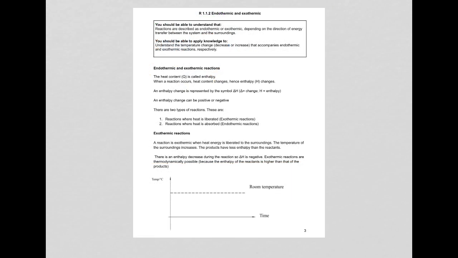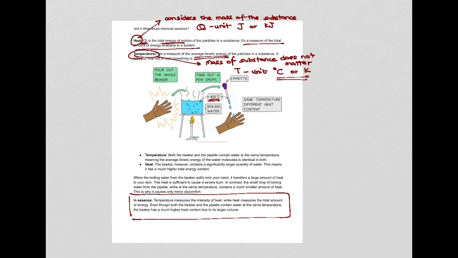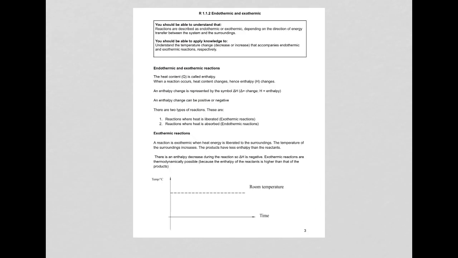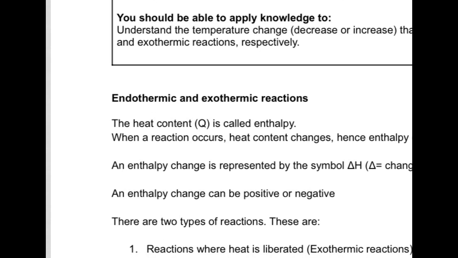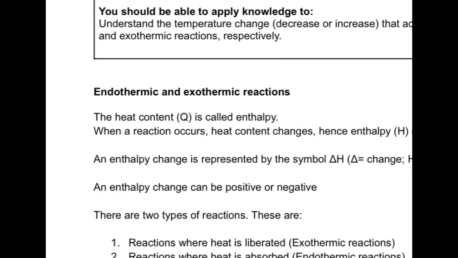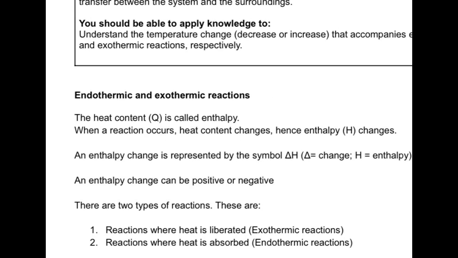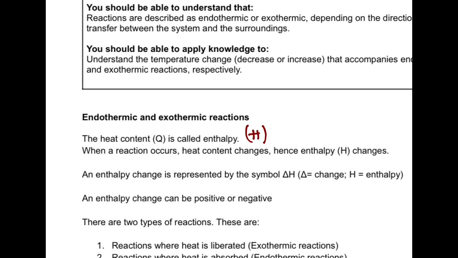Let us now see endothermic and exothermic reactions. Now, heat, we called heat Q. How much heat something contains is called enthalpy, and enthalpy has symbol H. The difference between heat, Q, and enthalpy is very simple when you look at it in terms of the unit.